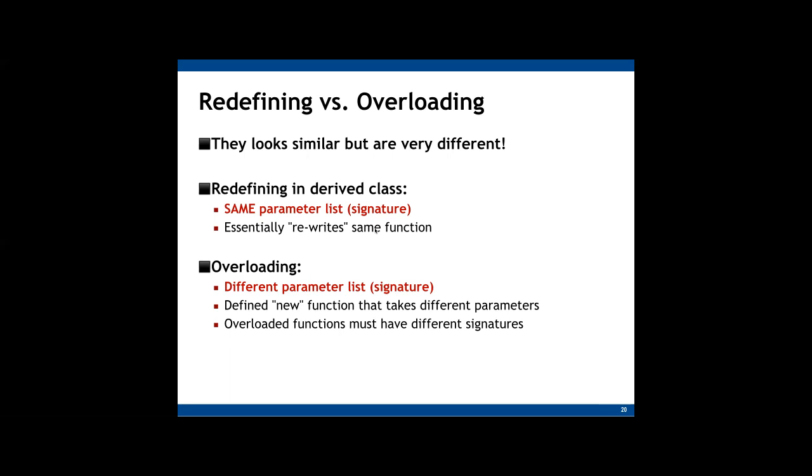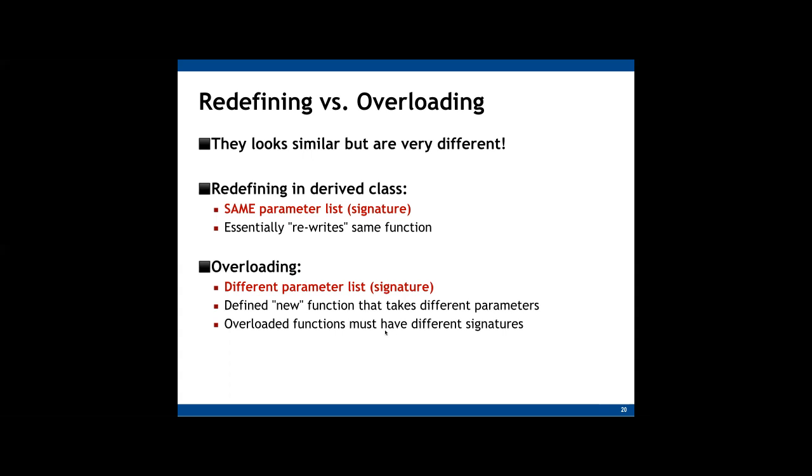On the other hand, when you overload a function, the overloaded function has a different number of parameters or parameters of different types. So the function signature changes when you are overloading functions. This means overloaded functions are new functions, even though the function name is the same.